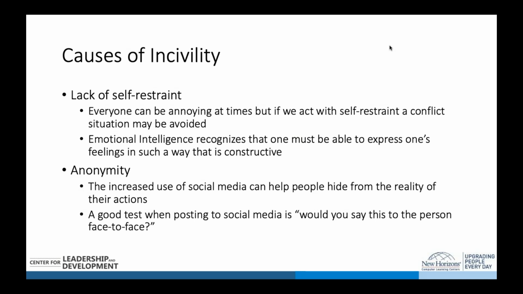So if you're sending out an instant message, or a text, or an email to somebody, or any post to social media, there's a couple of tests. Would you be willing and comfortable saying it to that person if you were one-on-one with them in the same room? Not just face-to-face, but if you were one-on-one with this person, would you be comfortable saying it to that person?